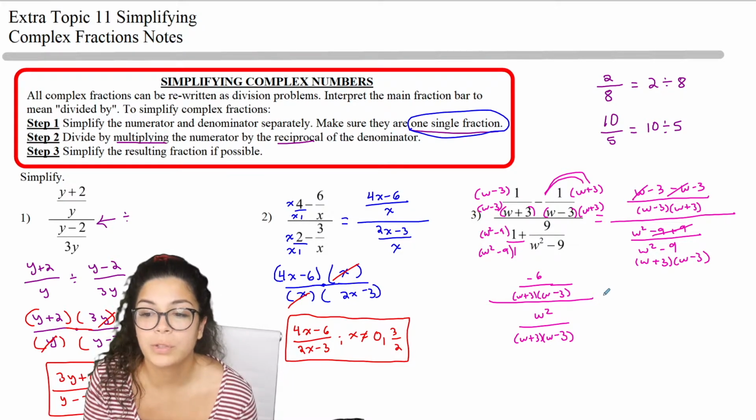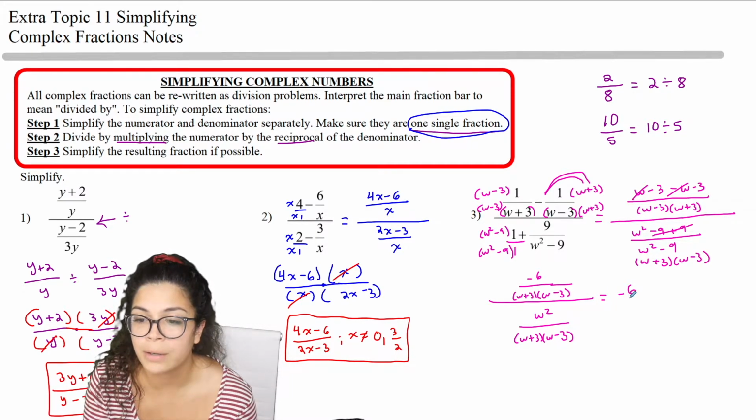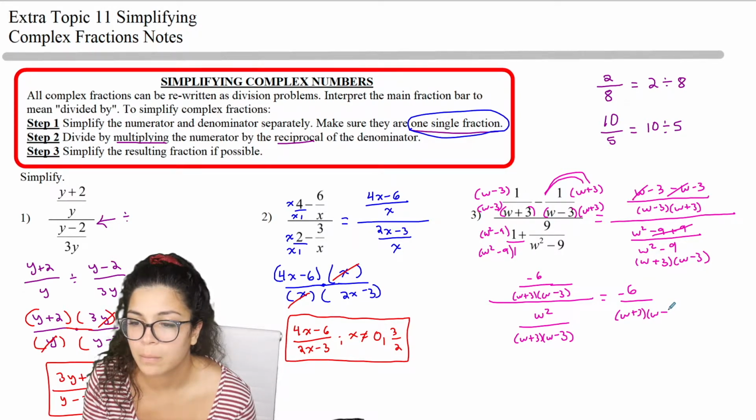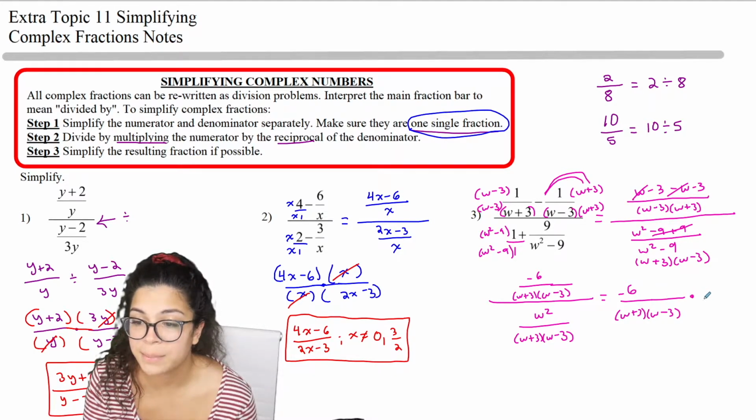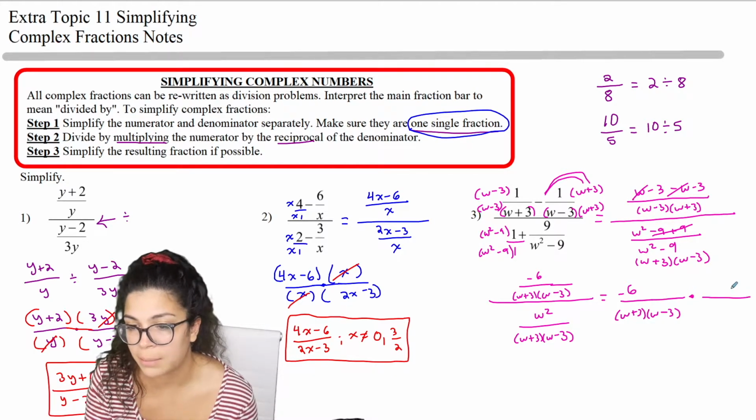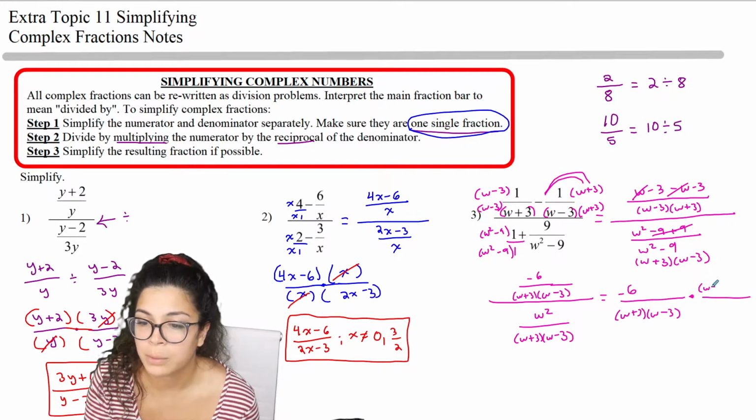And then now I'm going to rewrite this as the numerator times the reciprocal of the denominator. So w plus 3 times w minus 3 over w squared.